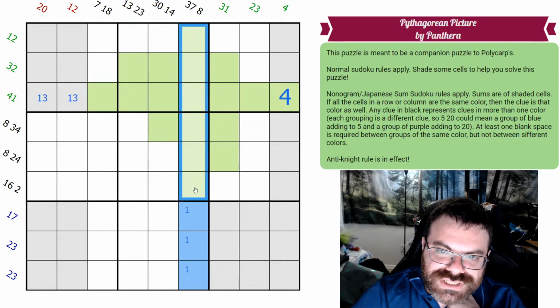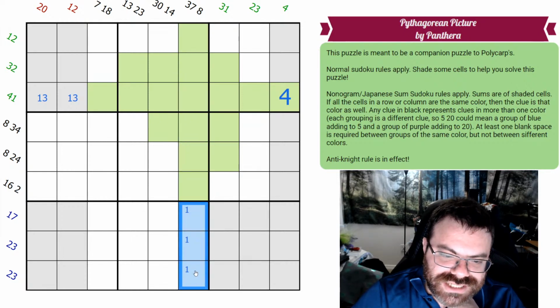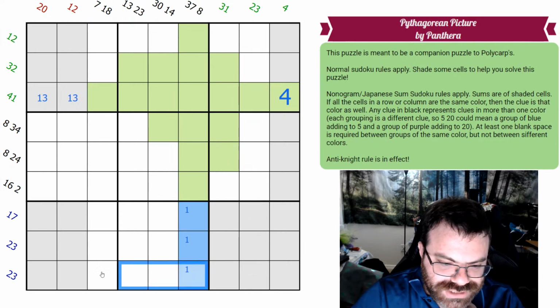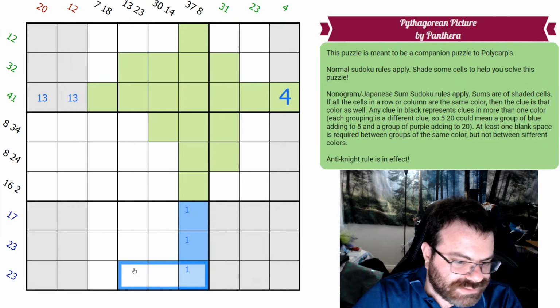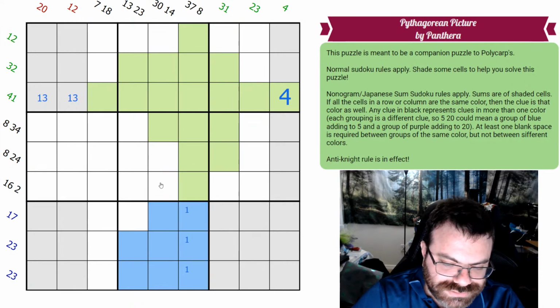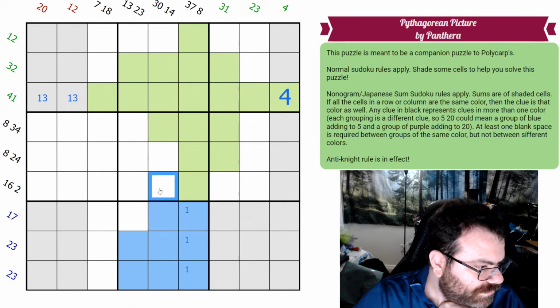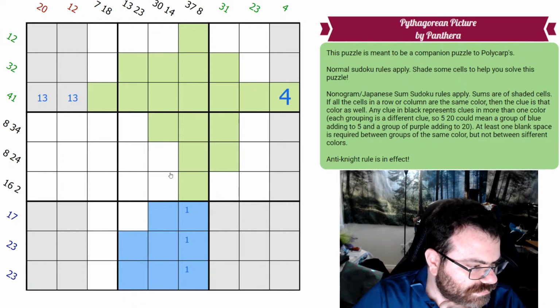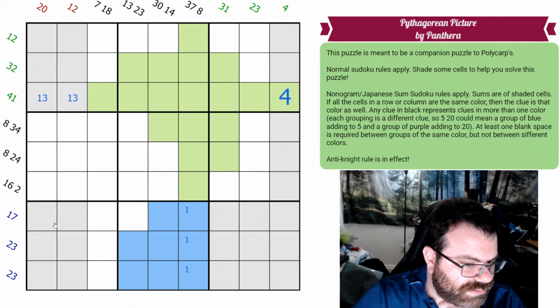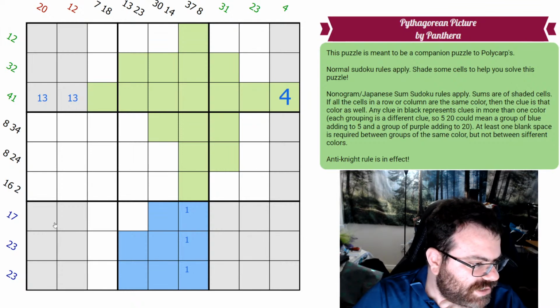Yeah, so we know the 37 is green, and we know that 8 has to be blue because of these clues. So 23 is at least 3 long, I think. Yeah, 23 is 3 long. So those are taken, and then 17 is at least 2 long. 23 can be 6, 8, 9.